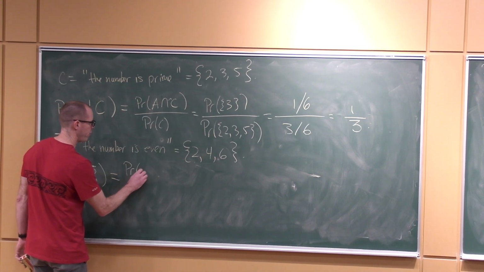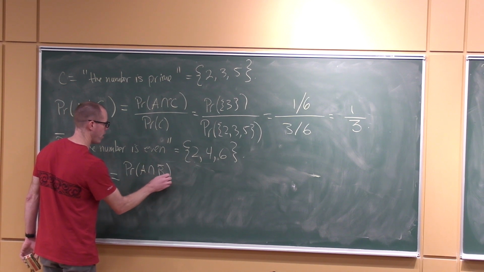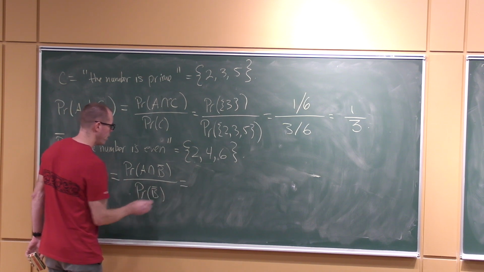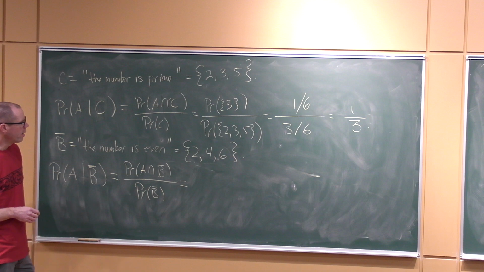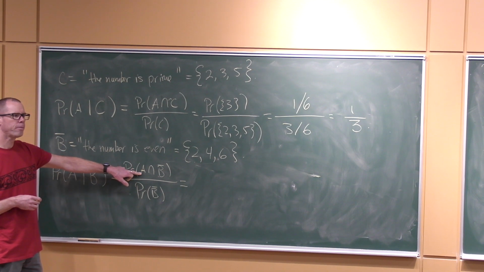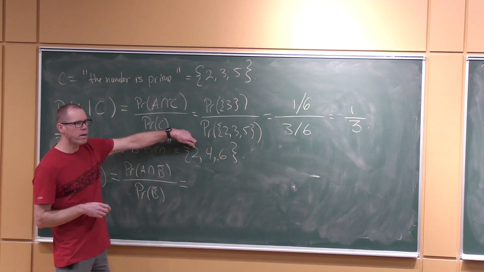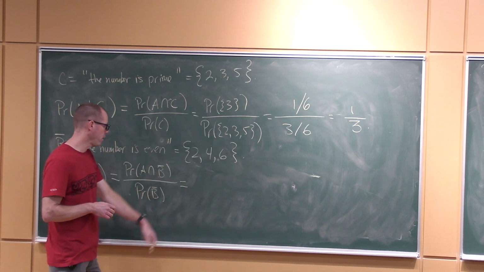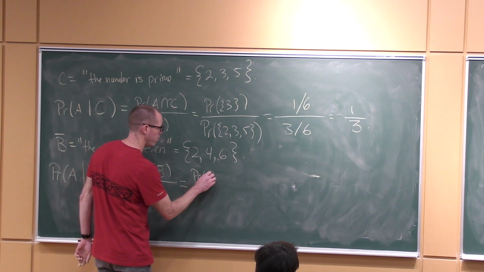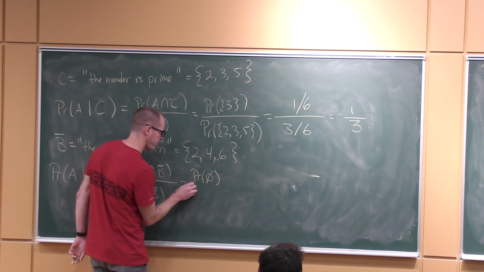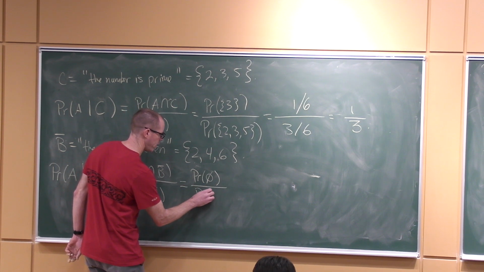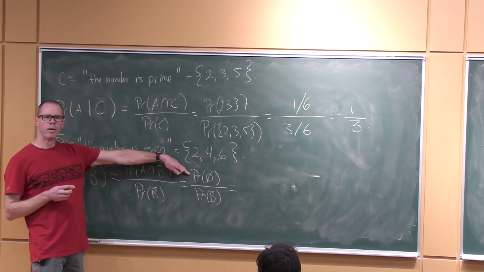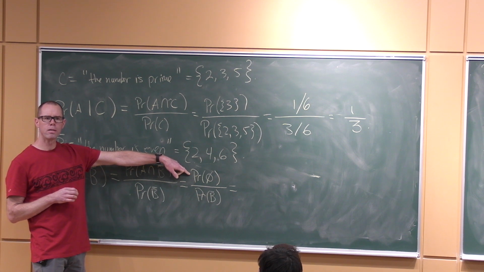Apply the definition. That's the probability of A intersect B bar divided by the probability of B bar. But A is the set containing only 3, and B bar is a set that doesn't contain 3, so the intersection of A and B bar is the empty set. So that's the probability of the empty set. Does anybody remember what the probability of the empty set is?